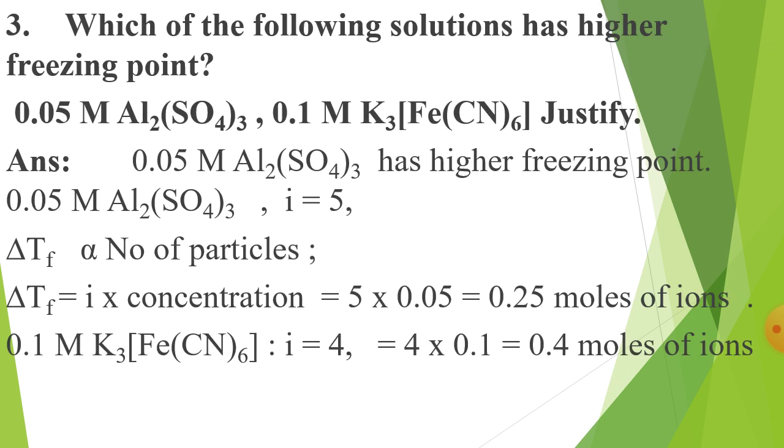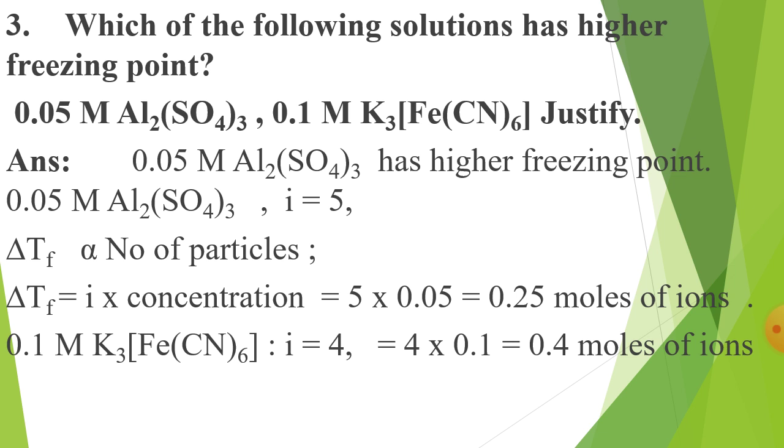Question number three: which of the following solutions has a higher freezing point? Freezing point is not a colligative property, but depression in freezing point is a colligative property, and depression in freezing point is inversely related to freezing point.